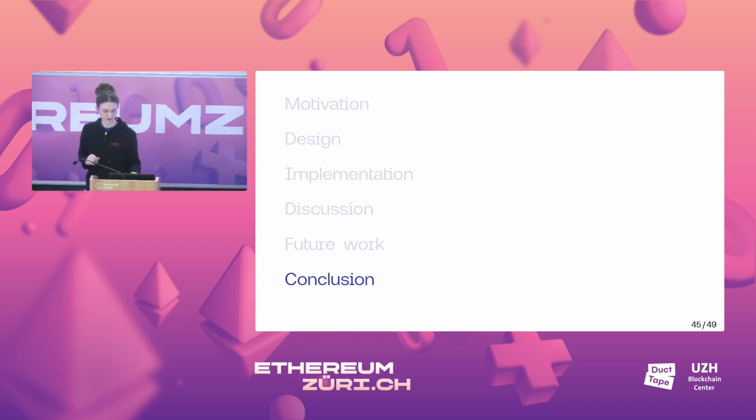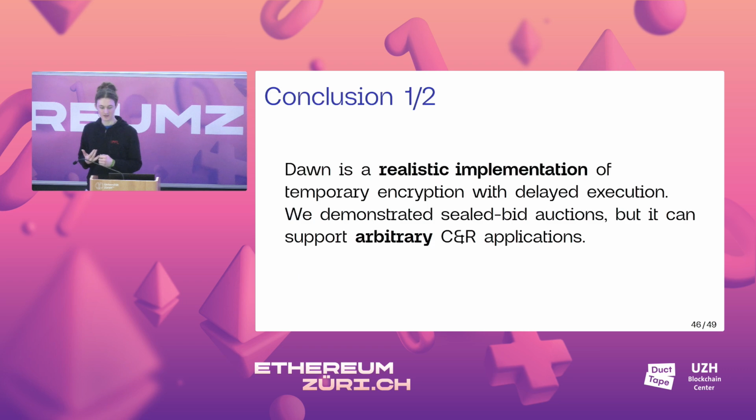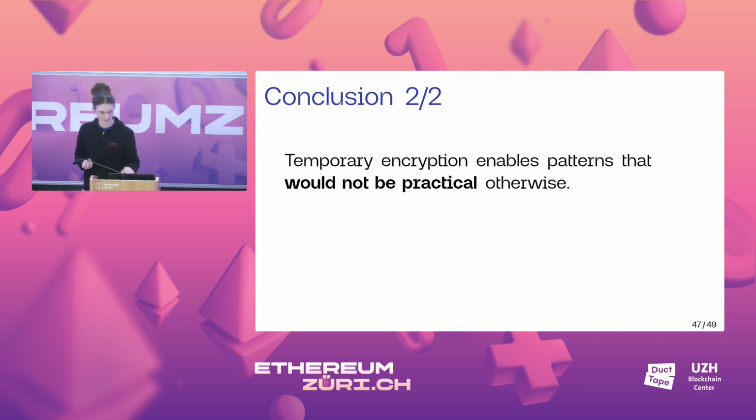And quickly conclude. So we have this implementation of delayed execution, which is a realistic demonstration, and we have a sealed bid auction that runs on it, which is cool. We think that delayed execution enables patterns that would not be practical otherwise, for example, the simple sealed bid auctions.